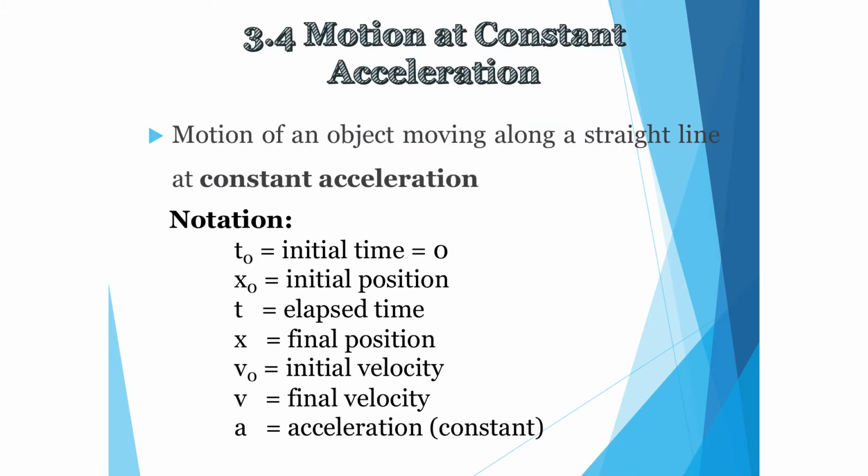Basically, before we proceed with how to use the equations, we need to know how to derive them. In front of you, you can see all the symbols that we are going to use in these equations.